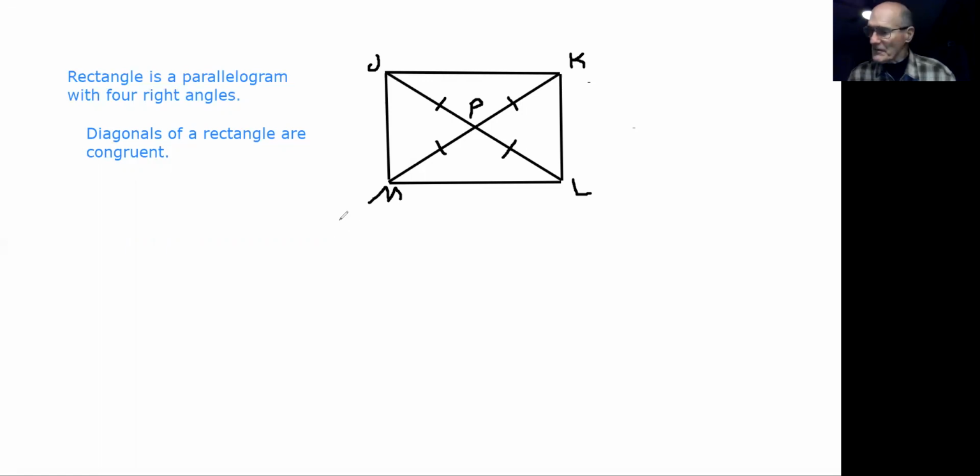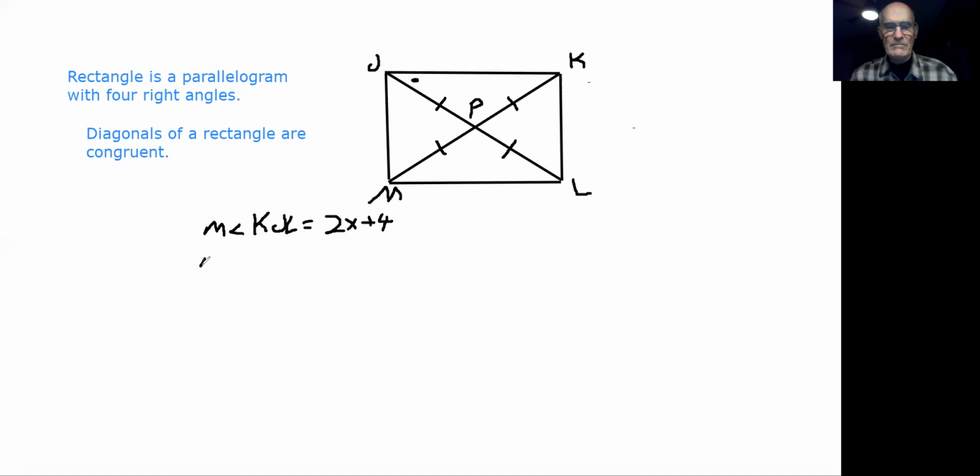So if you look at problems here, for instance, let's say the measure of angle KJL is equal to 2x plus 4. KJL is that angle right there, so we'll put a little dot right there.